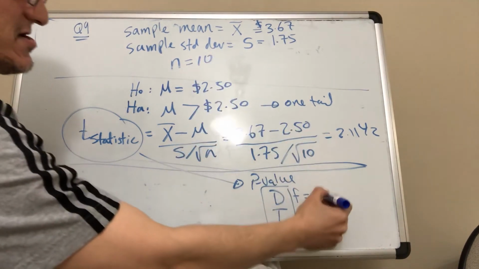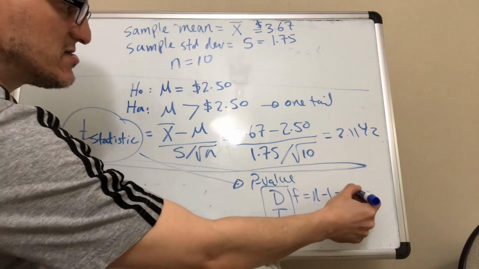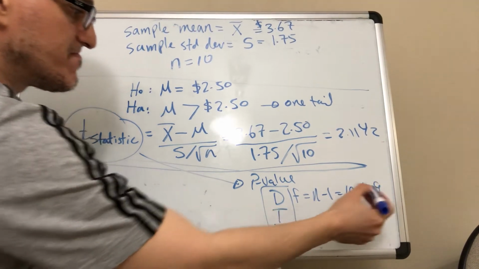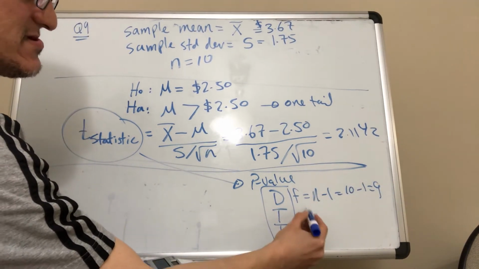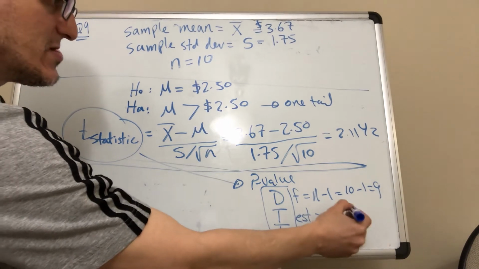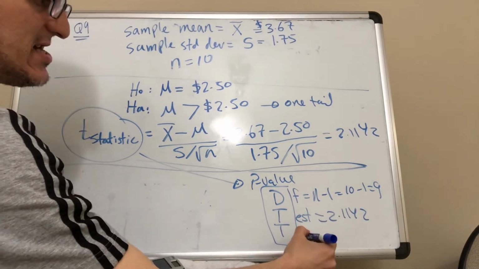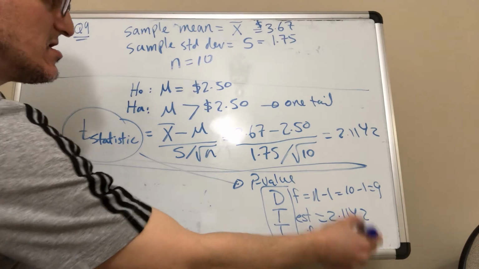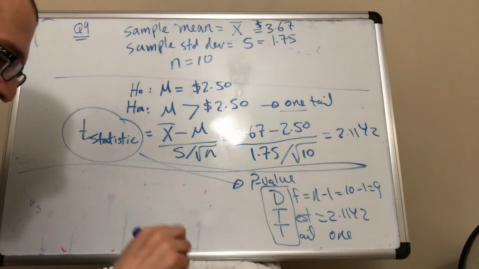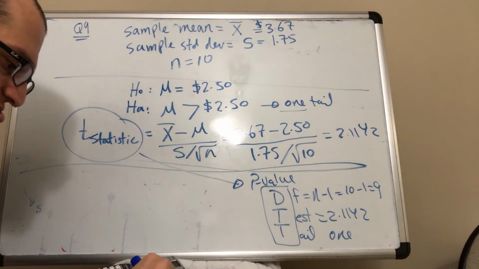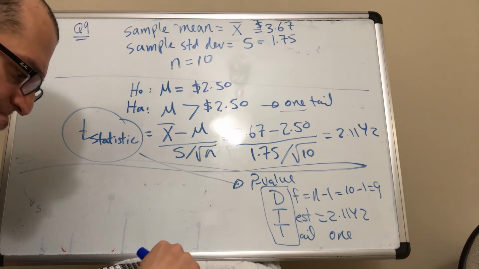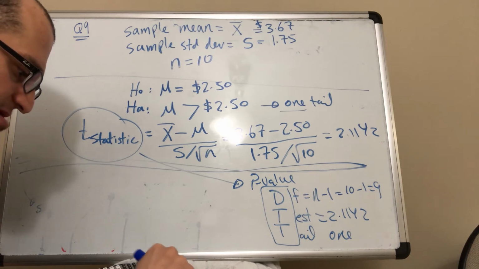We did this earlier: sample size minus 1, 10 minus 1, is 9. The test statistic we found to be 2.1142, and it's a one tail system. So you go to your t-table.